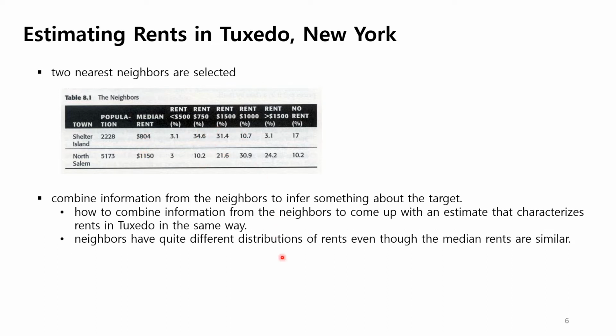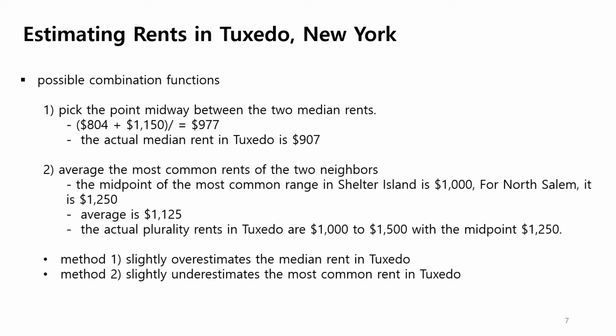So how do you combine these values and come up with a new estimate in Tuxedo City? We have chosen two neighbors, and also we have seen the data of these neighbors. Now let's combine these two and come up with the estimate of rent in Tuxedo City.